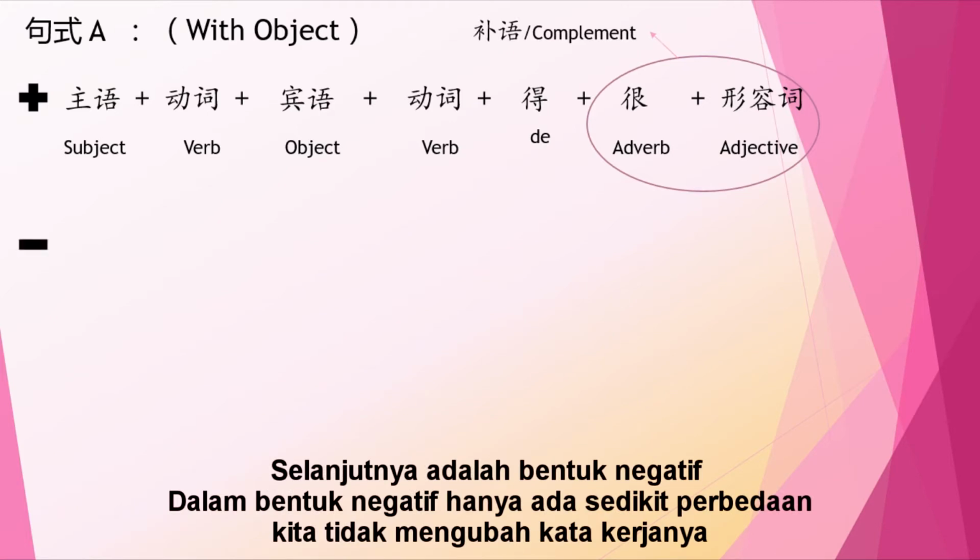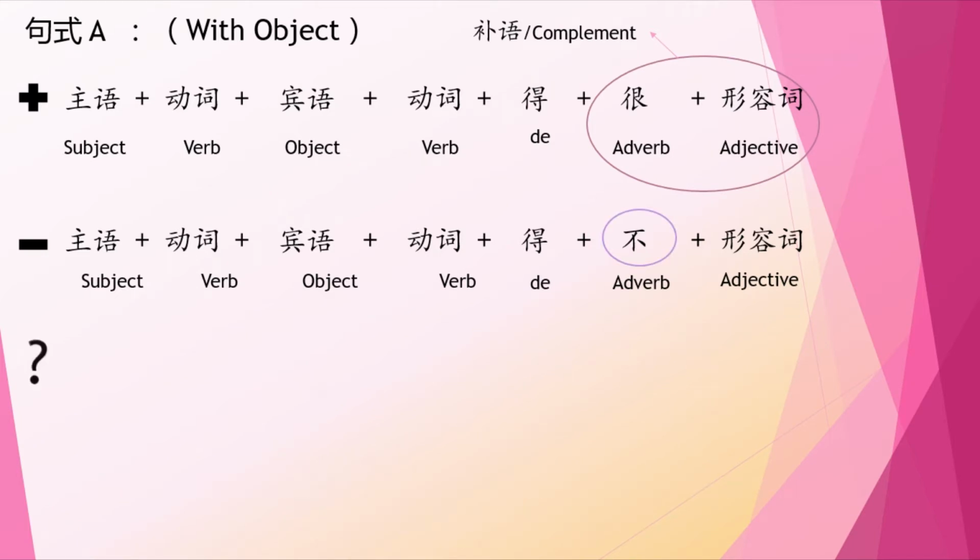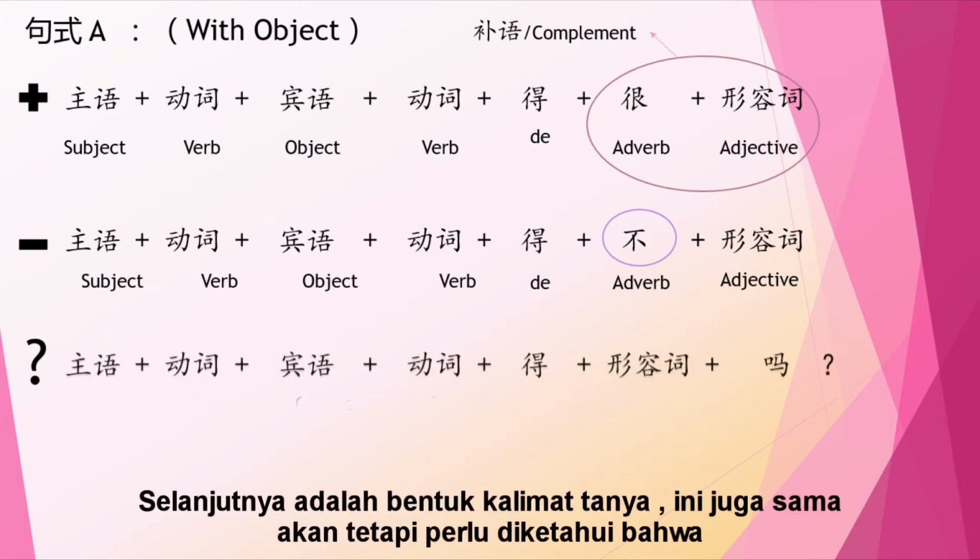And then next is the negative form. In negative form, there's a slight difference. We don't change the verb. We simply change the adverb into 不, which means not. And then next is the interrogative form, also the same.